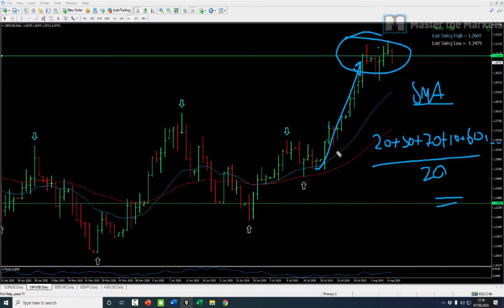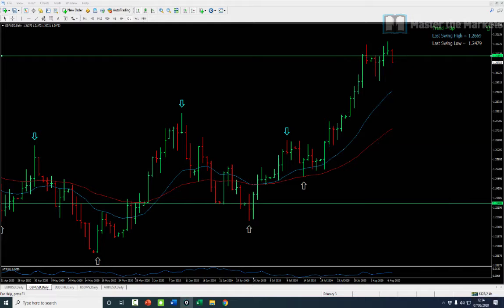The SMA doesn't really do that. It doesn't catch up that quickly and takes a longer time, so it's a little bit more lagging. The EMA is a little bit more accurate in terms of what's happened on the most recent price, but which one you use will depend on the outcome that you want to achieve. All of the Master of the Markets strategies use the exponential moving average.